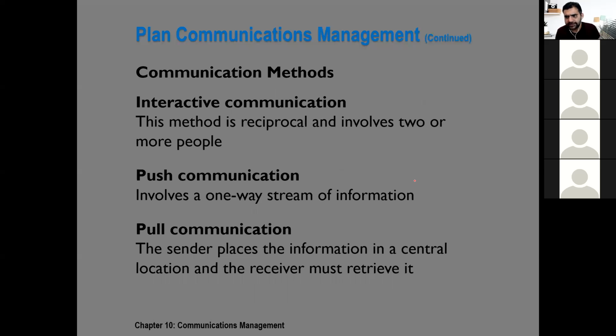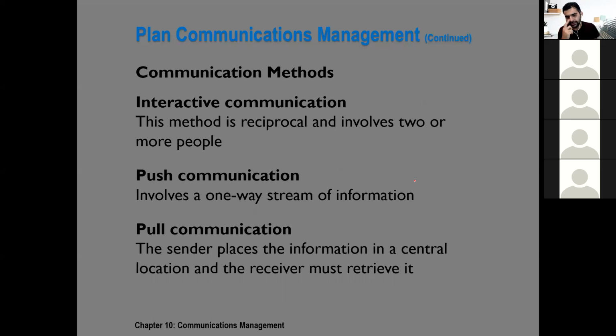Communications methods. PMI divides the communication method into 3 types. One is interactive communication. This is a type of reciprocal communication where there are 2 persons and they are communicating with each other.